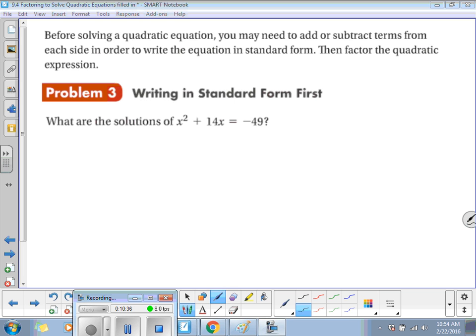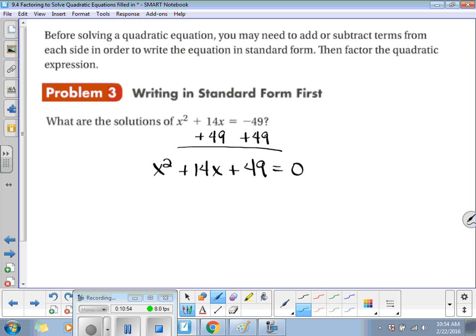To make this equal 0, we're going to add 49 on both sides. So we've got x squared plus 14x plus 49 is equal to 0.